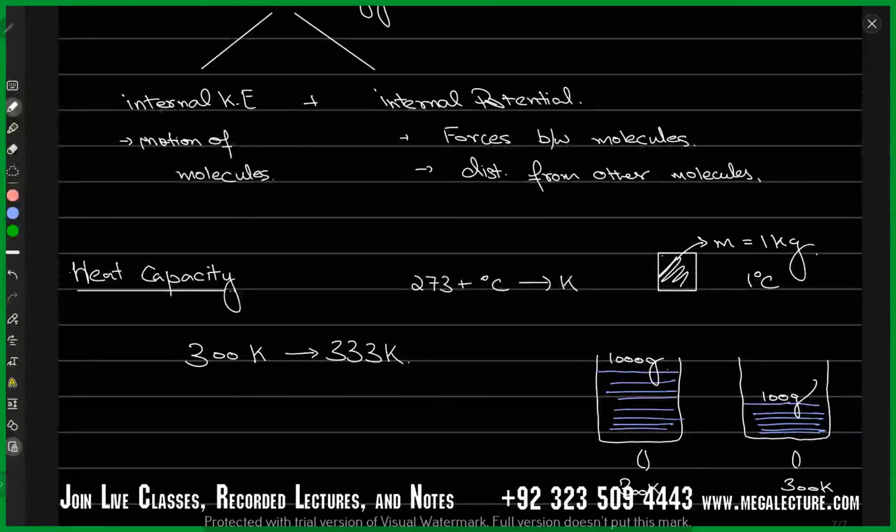Suppose that I want to raise the temperature of my water from 300 to 333 kelvins. Now, the condition is that the source of heating is the same for both beakers. So for example, if I'm using a heater to heat up these waters, I'm using the same heater for both of these beakers, right?